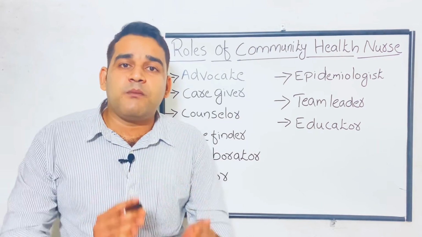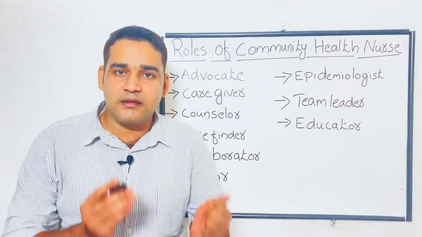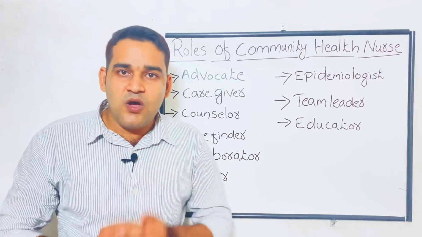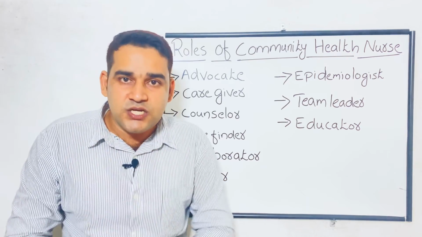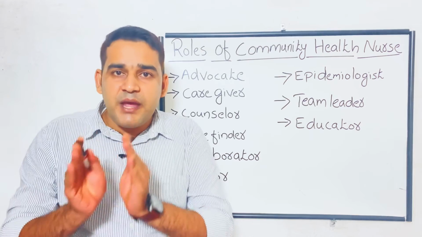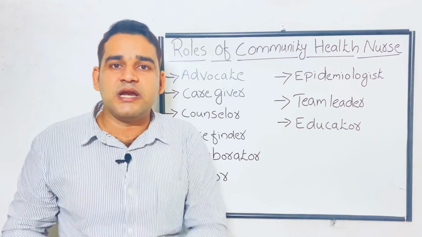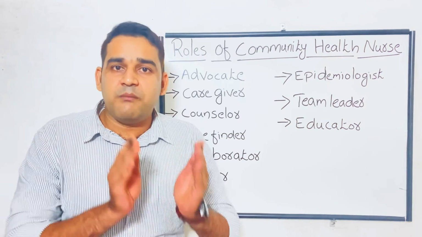As well as to promote the health, the nurse should tell the importance of the rest, sleep, dietary pattern, exercise and all. All these things can be done by health education. So health education is an important part of the community. Through the health education only we can develop the health of the community people.